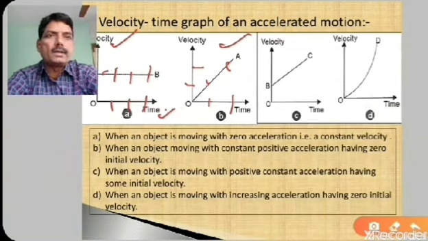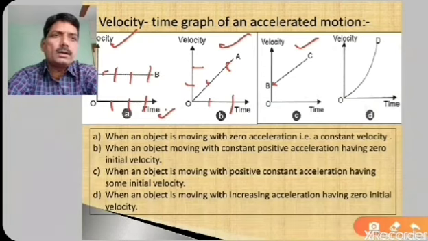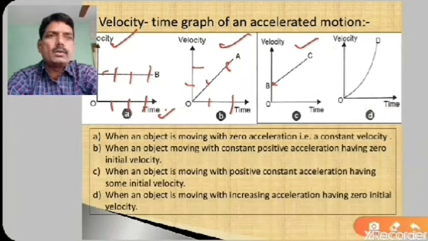Now in the third graph, you can see here BC is the line where B has certain initial velocity. Initial velocity means what? Already the object is in motion, and whenever you want to take the readings, that object has certain velocity.